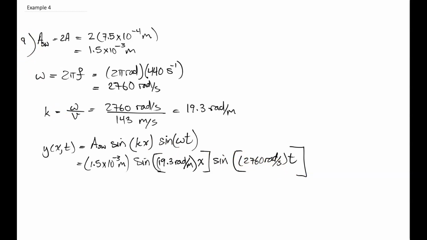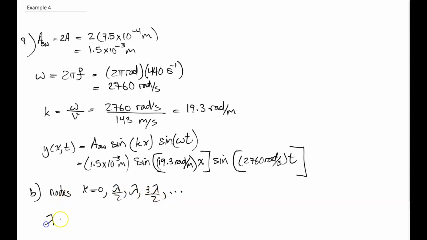For part B, we're asked to find the nodes, and we know that the nodes occur at multiples of half a wavelength. So we have x equals 0, lambda over 2, lambda, 3 lambda over 2, and so on.